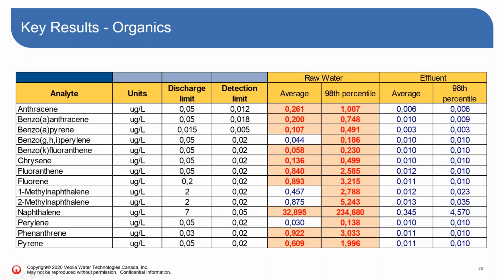I can say that our client was really impressed with the performance for removal of the PAHs. This was the main concern when we started this project. Those organics are extremely toxic, and there was a lot of worry that we would have issues with that, but actually we have excellent results.